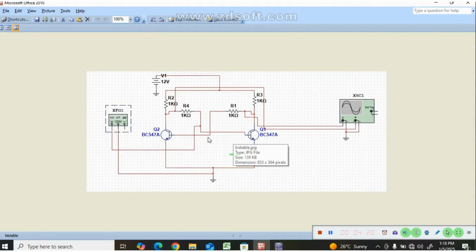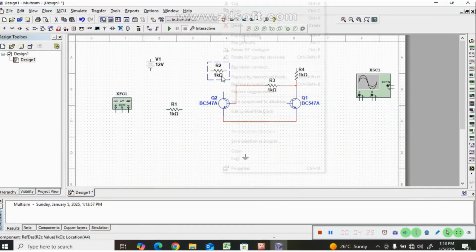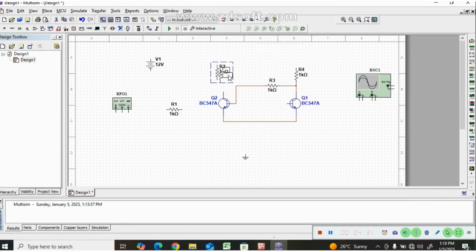Similarly, we follow the same procedure for the second transistor also.